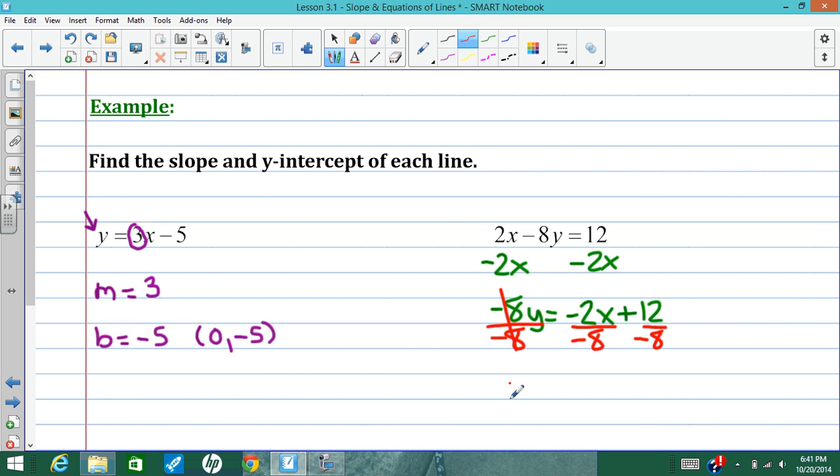So I end up with a slope here of negative 2 over negative 8, which is the same as positive 1 over 4. I just canceled out these negatives and I simplified. My b value is negative 3 over 2. 12 over negative 8 is the same as negative 3 over 2. So my coordinate for the y-intercept is 0, negative 3 over 2.